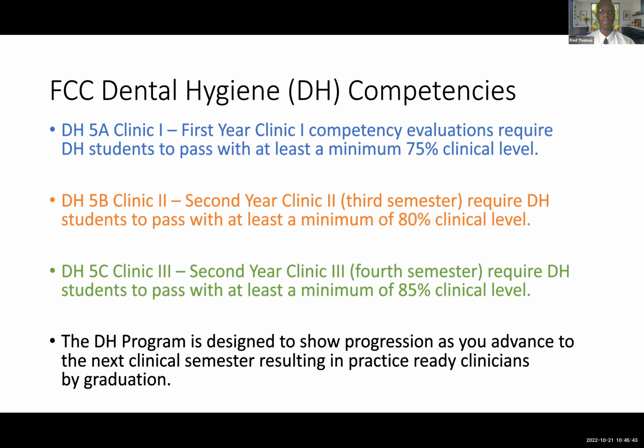And then in the 4th and final semester, they need to pass their competencies at a minimum of 85% clinical level. The DH program is designed, whether academic or clinical, to show progression as you advance to the next clinical semester, resulting in practice ready clinicians by the time they reach graduation.